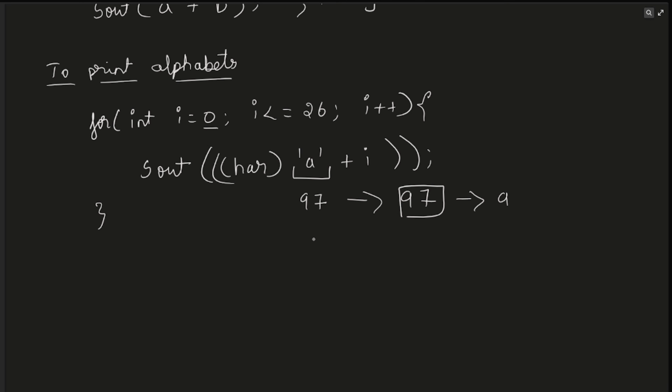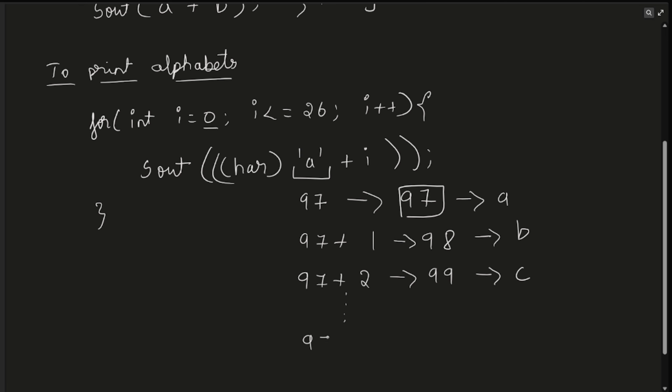In the second iteration, 97 plus 1 equals 98, and whenever we convert 98 to a character, it becomes b. Then 97 plus 2 is 99, which in character is c. And this goes till z, 97 plus 25, which equals 122, equivalent to z.